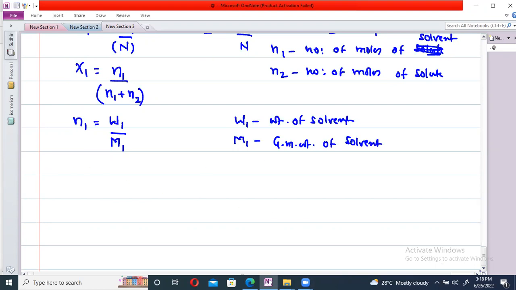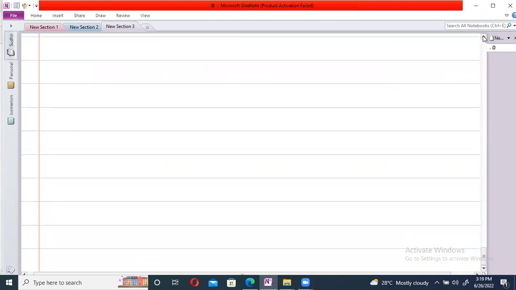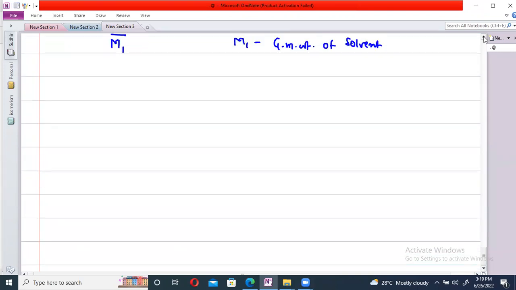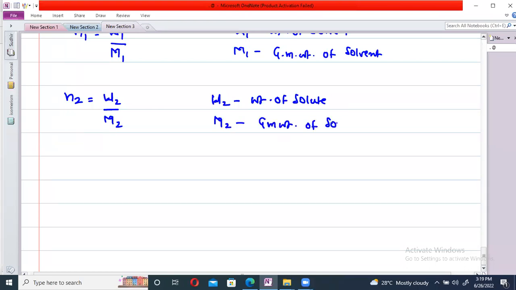In the same way, N2 is equal to W2 by M2. What is N2? The number of moles of solute. W2 is the weight of solute and M2 is the gram molecular weight of solute.